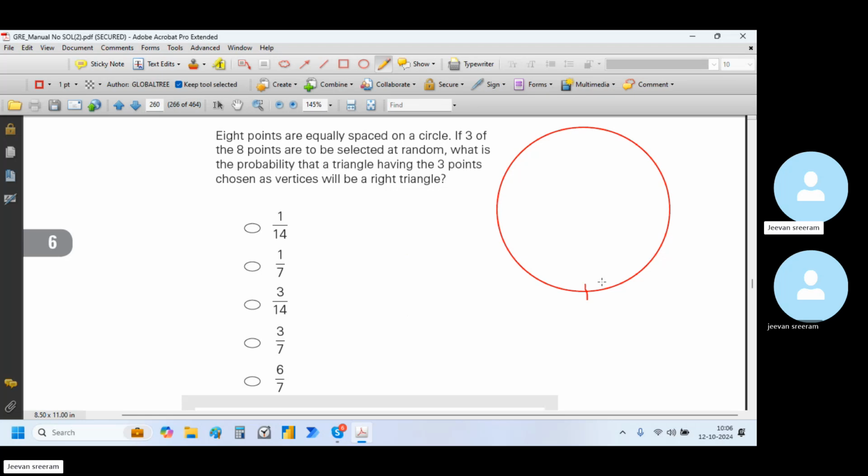Three of the 8 points are to be selected at random. Eight points.